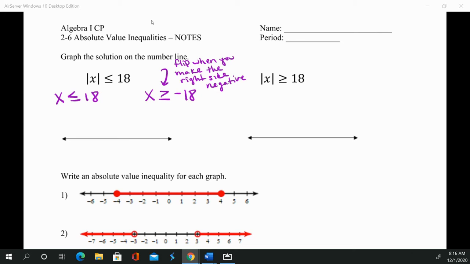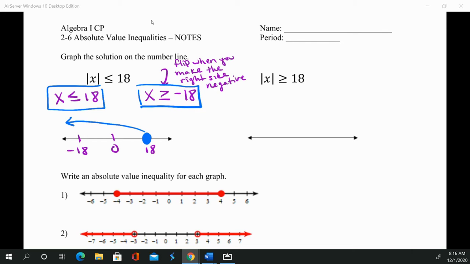So now let's see what happens when we graph these two inequalities on the same number line. We want to have the values -18, put 0 in the middle, and +18. Now x is less than or equal to 18 would be closed at 18, shaded to the left.